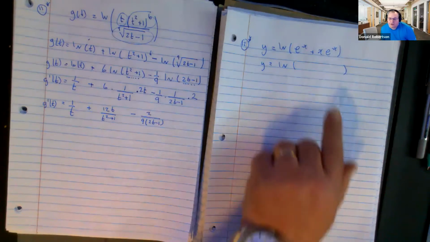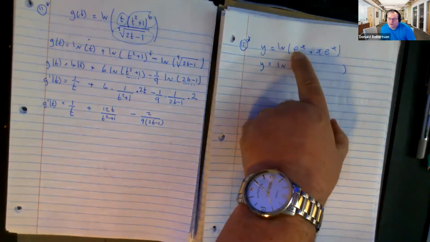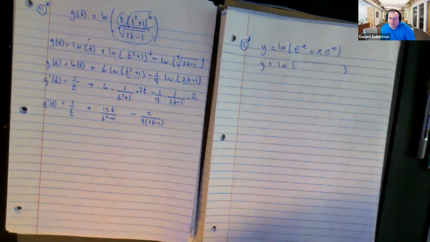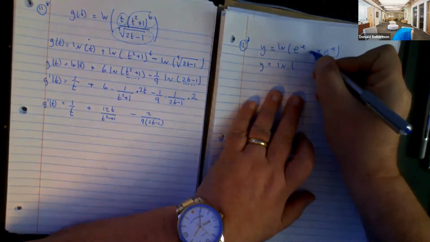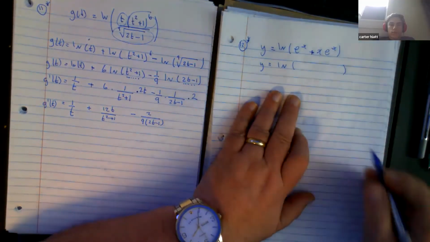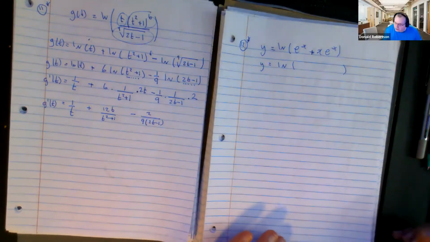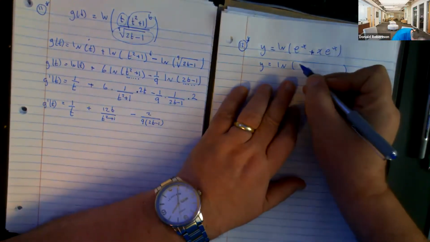Can anybody see anything you can do to the inside that might be worth it? Anything algebraically you can do to e to the negative x plus x e to the negative x? Like factor it? Yeah.